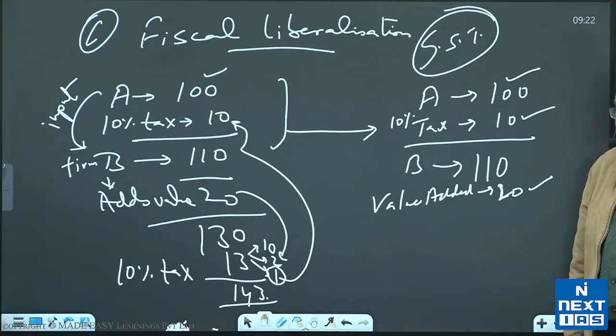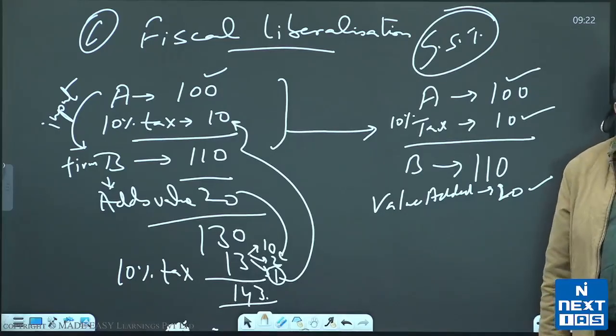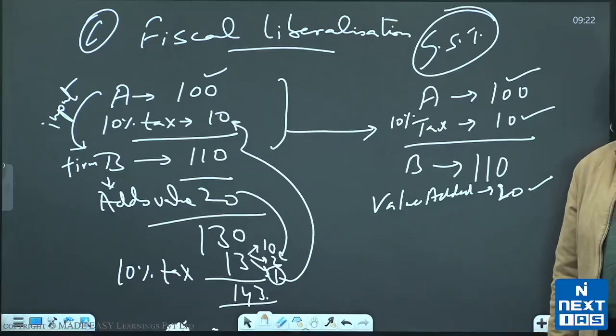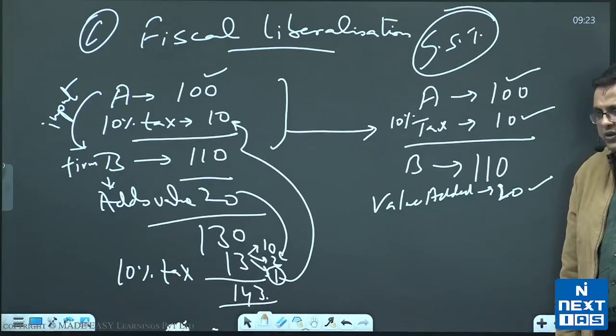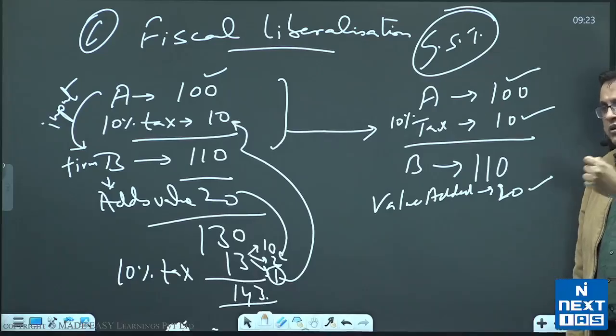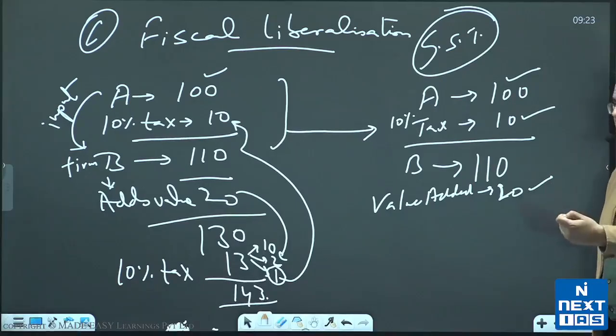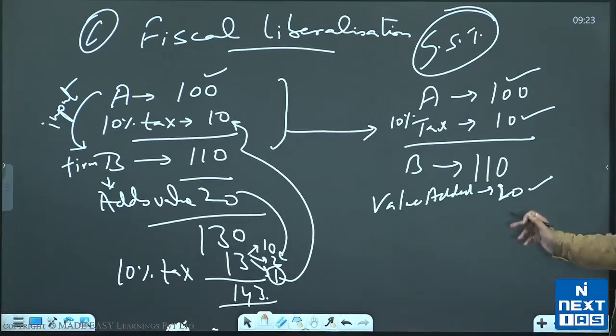12 rupees? You understand this? 10% of that? If B is told that the tax you paid will be refunded to you, two things will be saved. B will levy the tax only on value addition done and not on the entire amount that they had paid across. So B has added value 100 plus 20, 120.